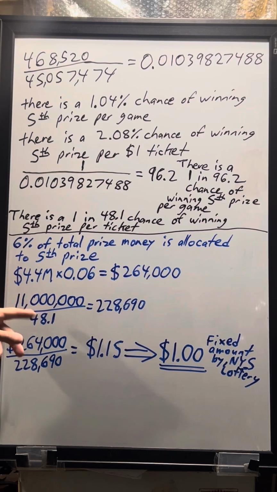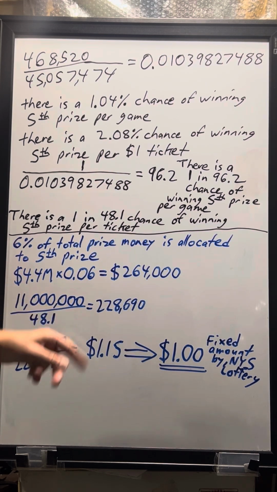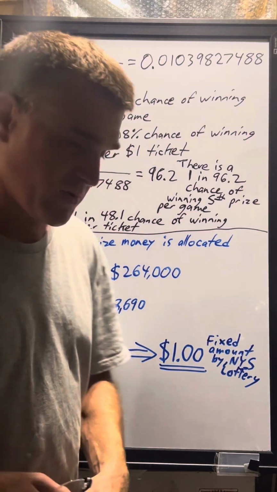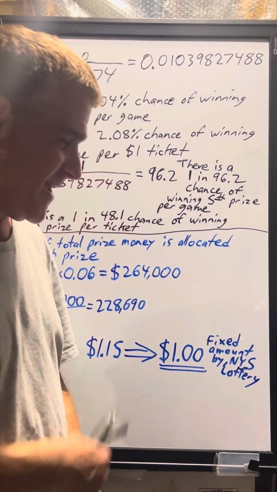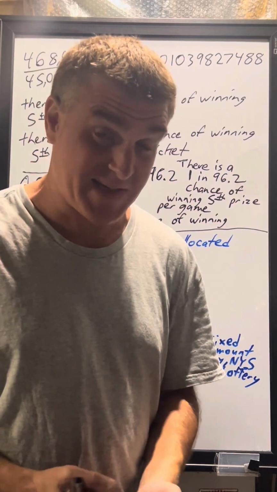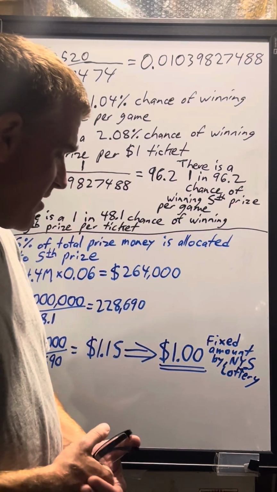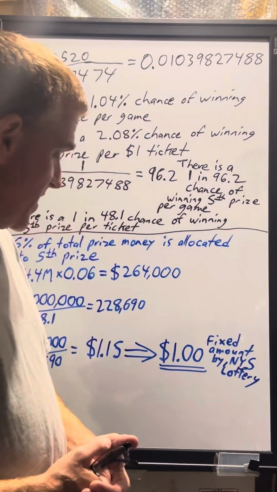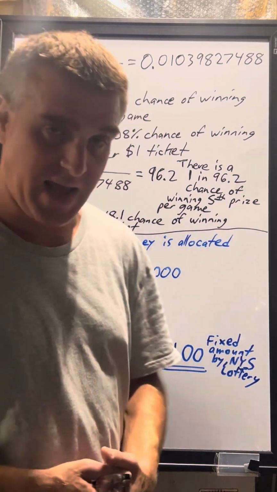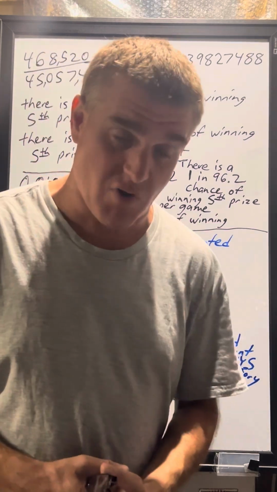And so 11 million divided by 48.1 means that roughly, and I rounded some of the numbers here, but you're going to see at the end it doesn't even matter because the amount is fixed anyway, you're going to figure that in this drawing, there's going to be about 228,690 winners of 5th prize.